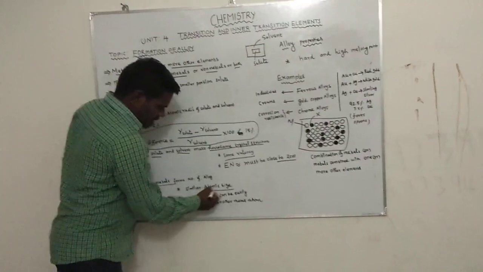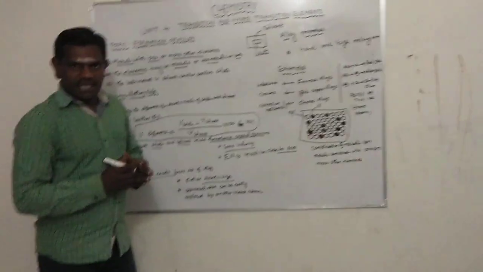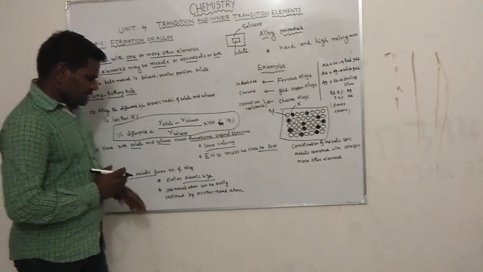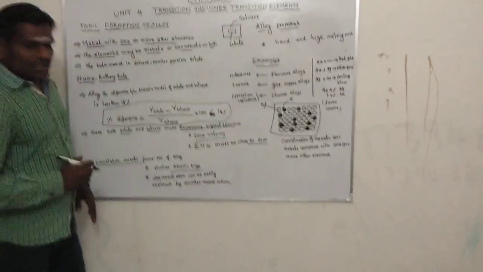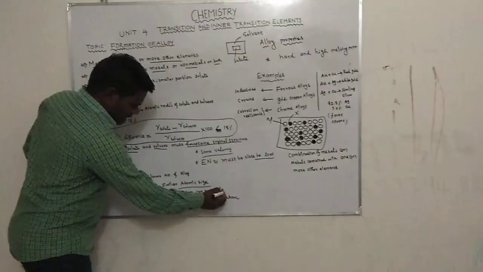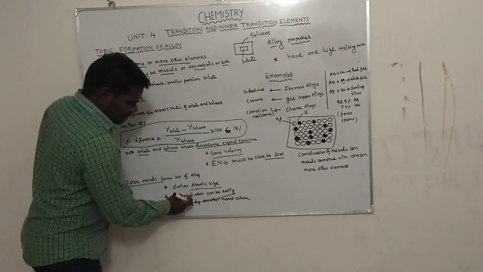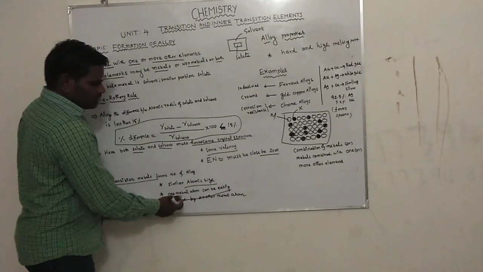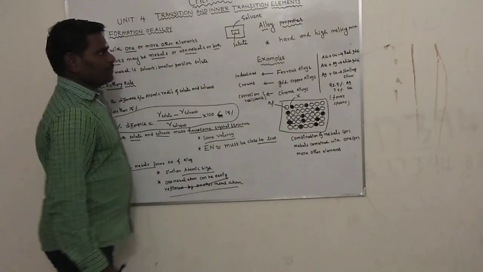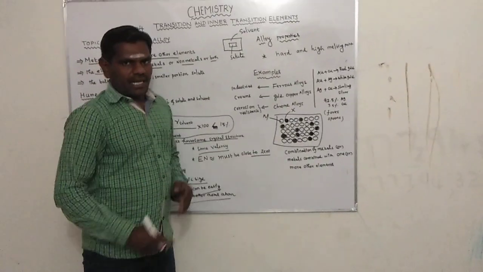What are the conditions here? The atomic radii are of similar size, and one metal atom can be easily replaced by another metal atom in the crystal lattice.